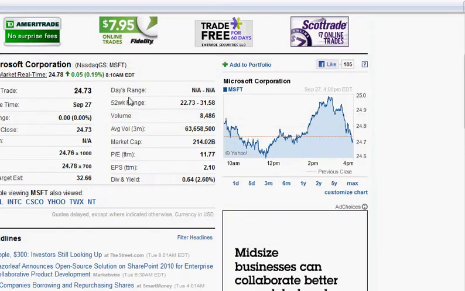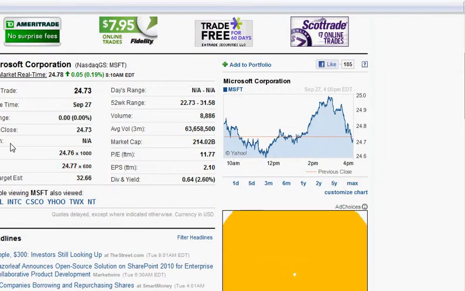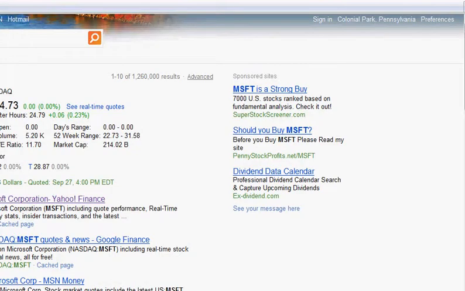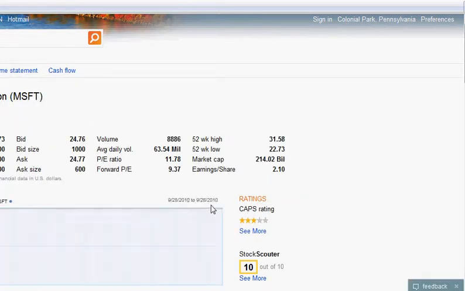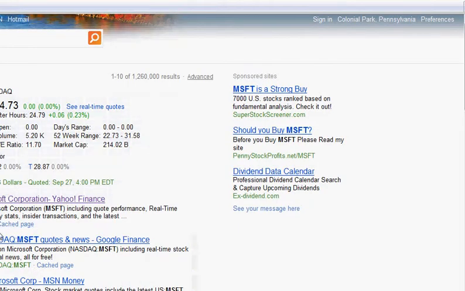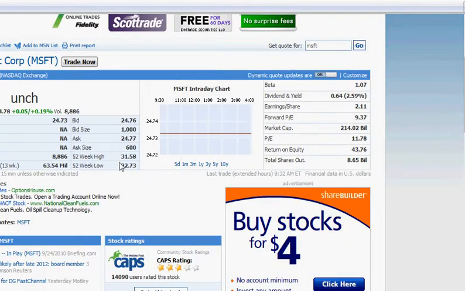What do we got? Beta, beta, beta. There's the beta. It's 1.07. So what I generally do is I set my stop loss depending on the beta.